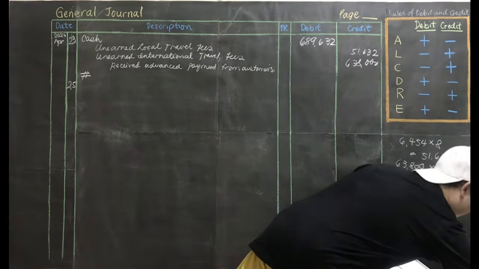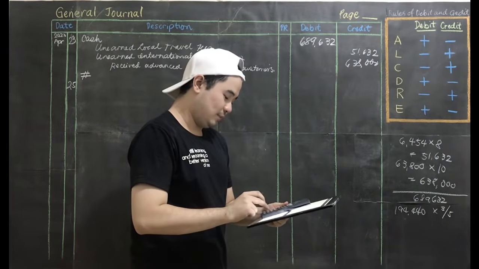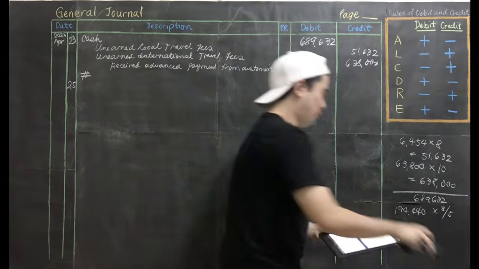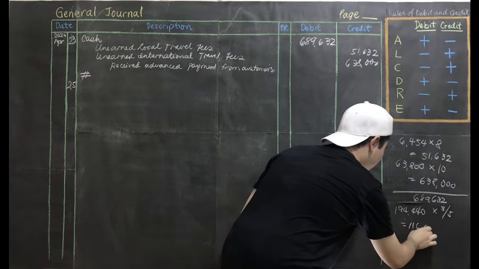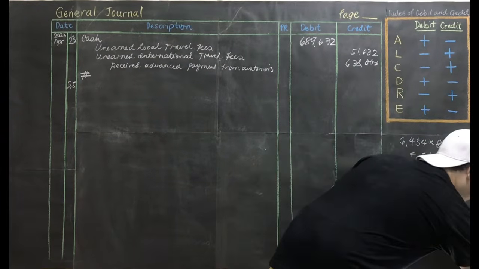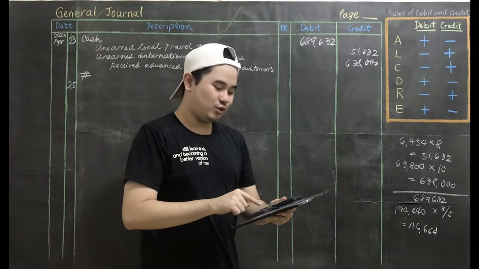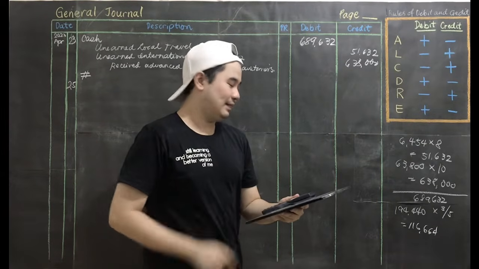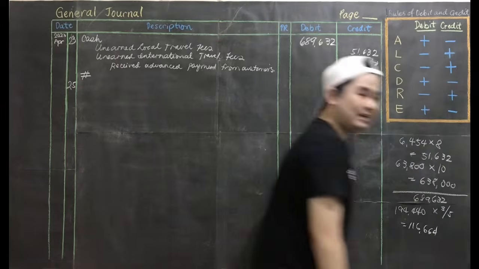So, 194,440 times 3 over 5 is 116,664. Or alternatively, 38,888 times tatlong nagbayad, 116,664.